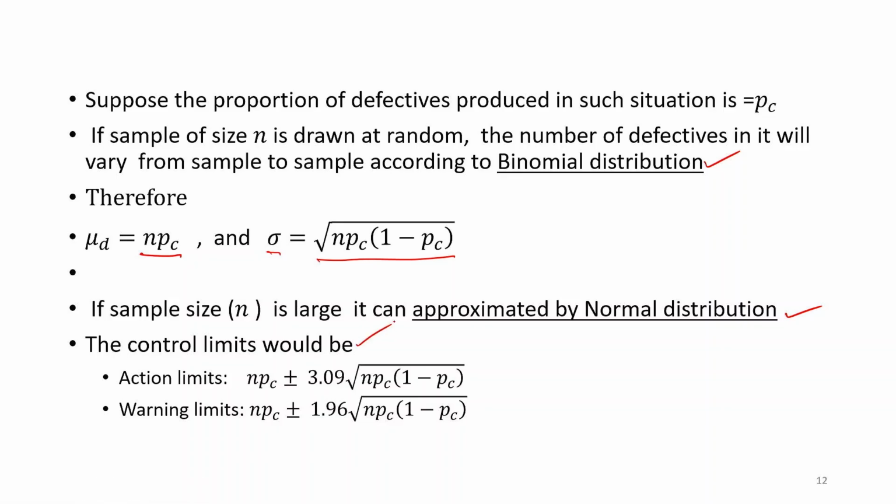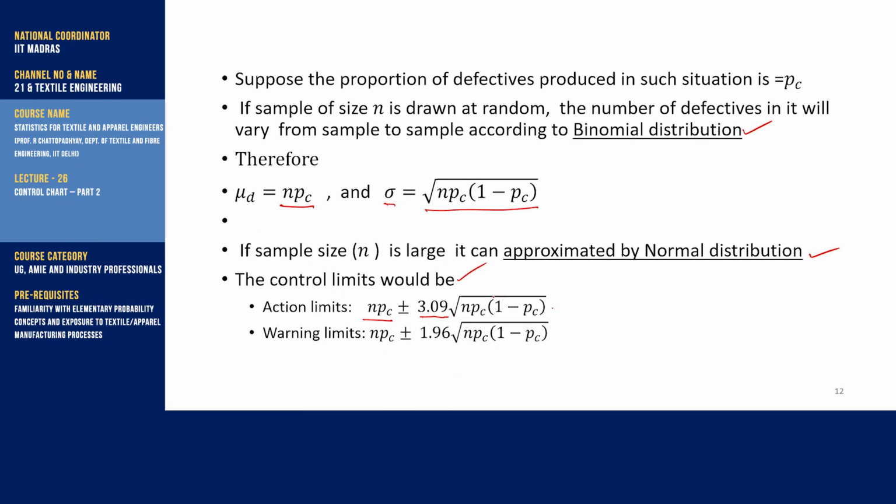find the control limits by writing the action limit as mean plus minus 3 sigma. The actual value is 3.09, and this whole thing, root over NPC into 1 minus PC, is the sigma. Similarly, the warning limit is going to be mean plus minus 1.96 root over NPC into 1 minus PC.